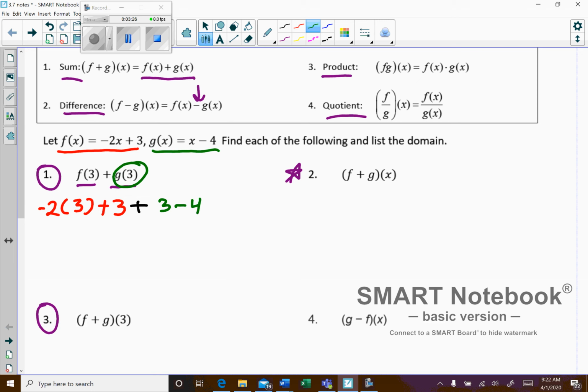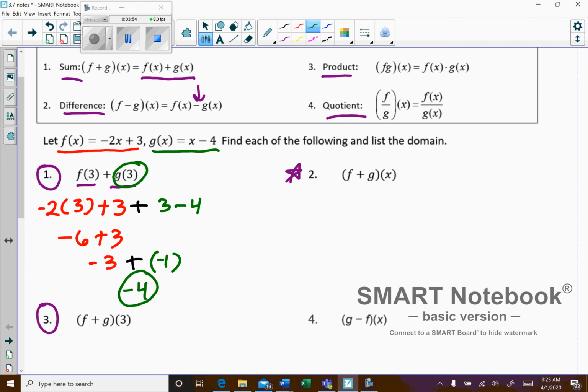I put the plus in black right there, from the plus sign from the original problem. So negative 2 times 3, negative 6 plus 3, that's going to be a negative 3. And then we're going to add that with g of 3, which is negative 1. When you add that all together, it should come out to a negative 4.